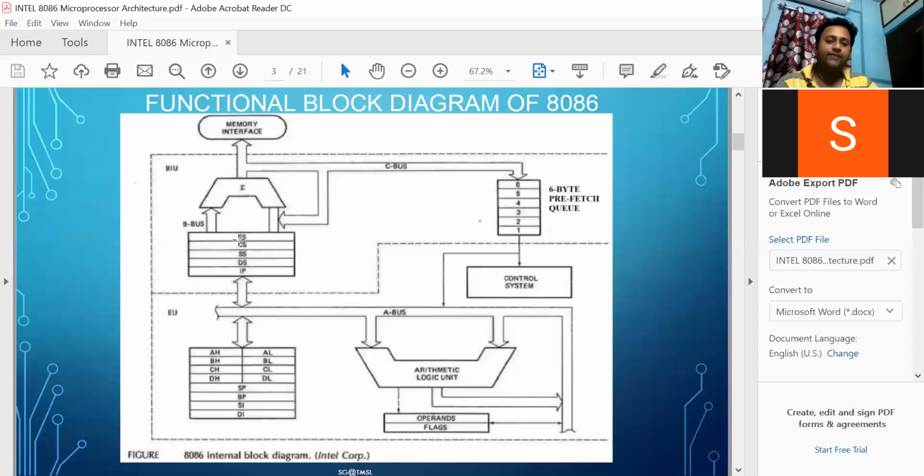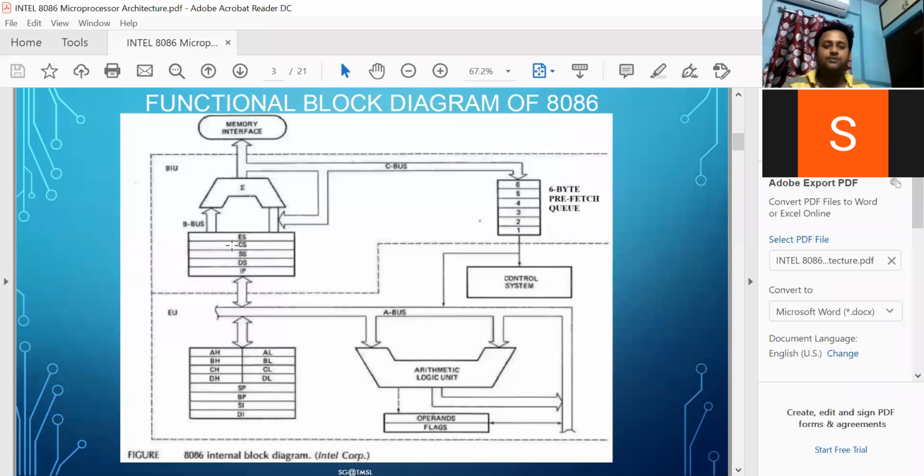So for every segment, the offset is fixed. Like if code segment is used, the segment address will be stored in the code segment register, and the required offset address will be stored inside the instruction pointer, IP. That is the offset register, which is again 16-bit in size, because it is also used to store an address, and we know that all memory addresses are 16-bit in size.